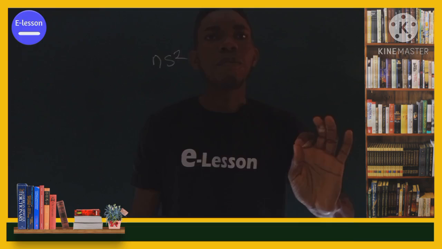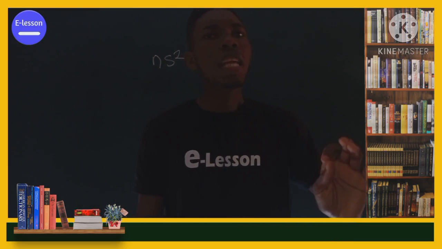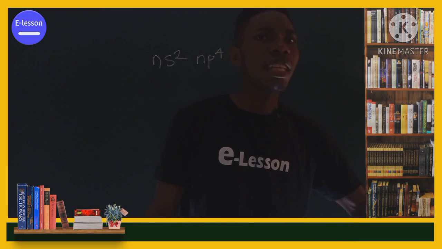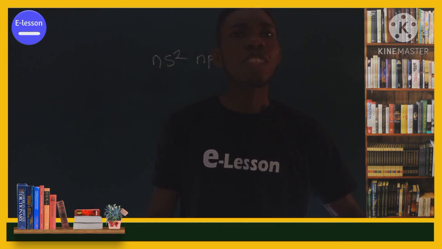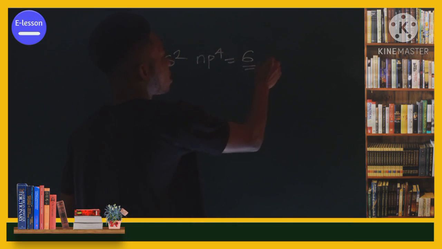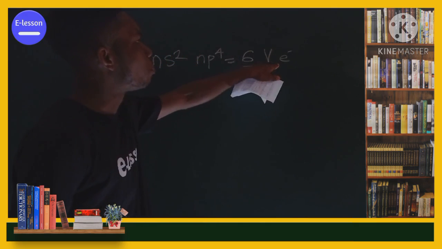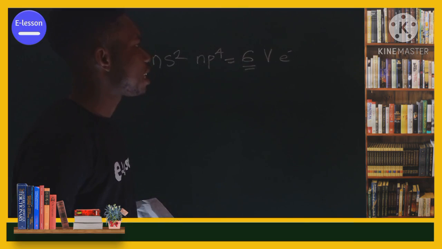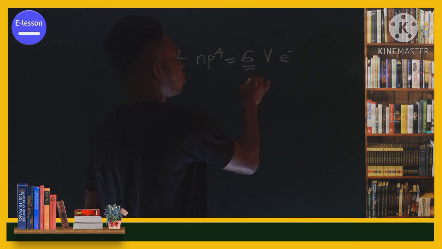Whenever the valence shell is the same, you add them to get the total valence electrons. So this gives us 2 plus 4 is 6. So this is 6 valence electrons. What group in the periodic table has 6 valence electrons? They are the chalcogens.